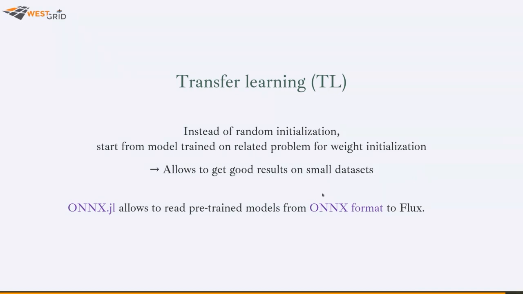Of course, the models have to be related. They have to be on something similar, but it's a way to get very good results much faster and mostly using very small data sets.